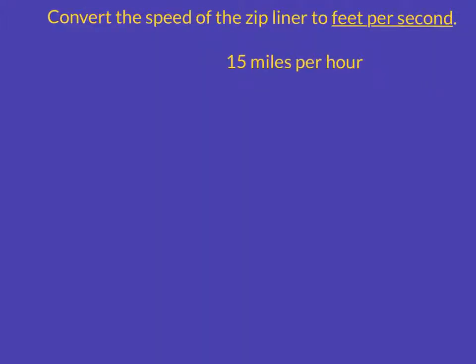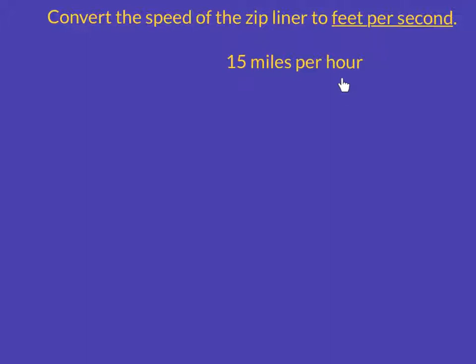Alright, this one here is number 3. And this one is going to take us a couple of steps to get where we need to go. So make sure that you're paying attention to this one here. The problem wants us to convert the speed of the zip liner to feet per second. And I've underlined feet per second because that's what we're trying to get to. That's our goal. Okay? The book says that the zip liner goes 15 miles per hour.